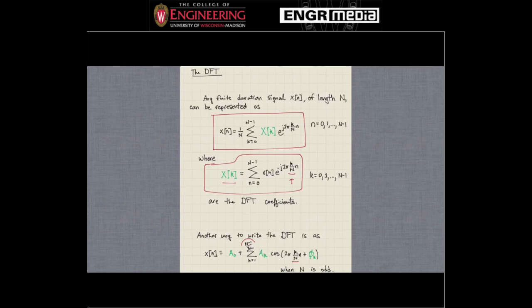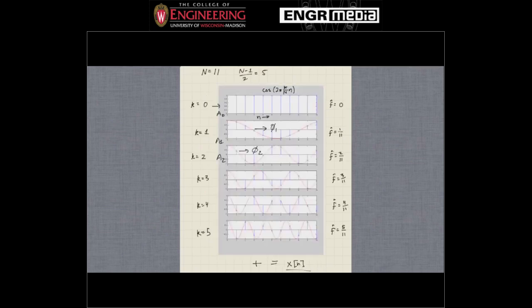So let's see these basic sinusoidal building blocks. We'll see they're sinusoids at different frequencies, and let's use that same example where capital N is 11. These are plots of the basic sinusoidal building blocks for the DFT coefficients.